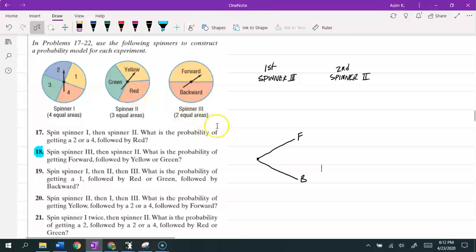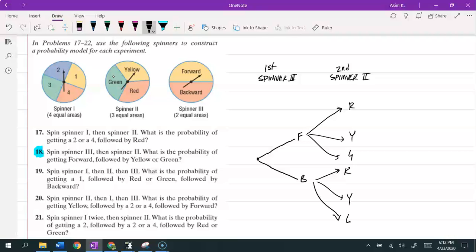That's going to give you red, yellow, and green. So R, Y, G, and the same thing over here, R, Y, G.